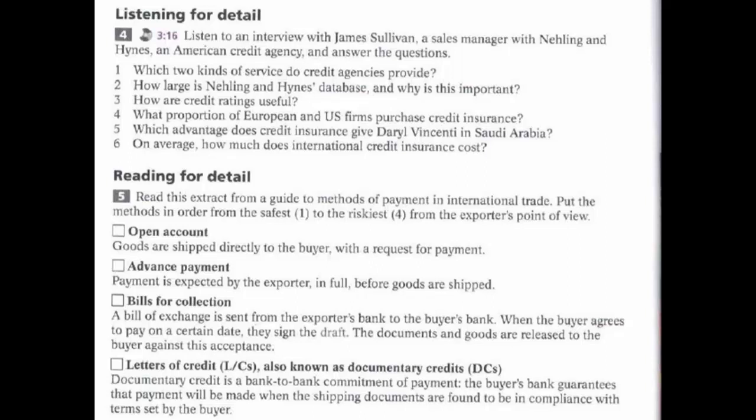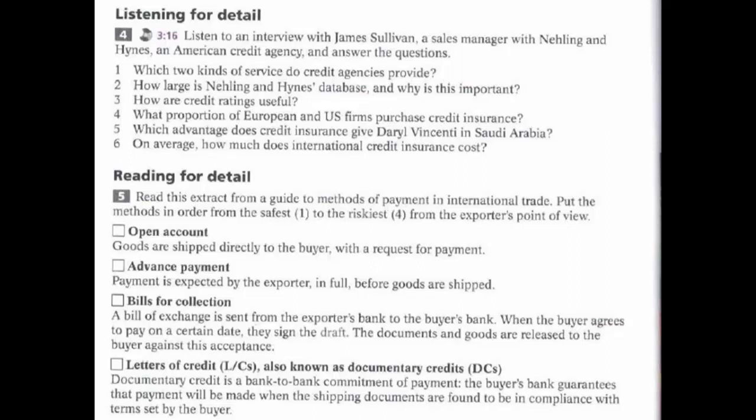I see. Now, what about credit insurance? Is that something new? Well, it's relatively new over here in the States, but not in Europe. European companies have been using it for a long time. 70% of European companies use credit insurance, whereas in the States, the figure is below 5%. Why is that? Essentially because European firms have to export, because their internal markets are too small. Until now, the majority of American firms have done most of their business in America, so they didn't need credit insurance unless the customer was very risky.